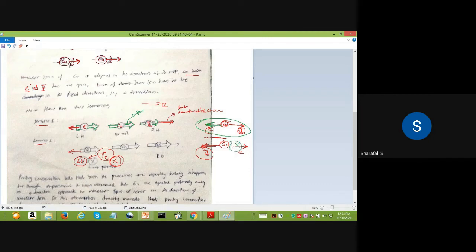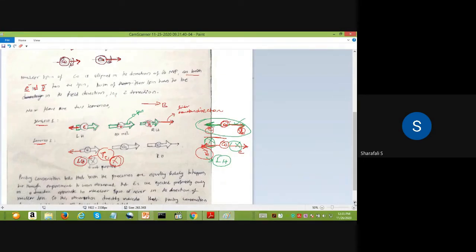Similarly, the antineutrino coming out goes only in this direction and never in this direction, which means it never goes opposite to the field direction, which means the antineutrino will never be a left-handed particle.